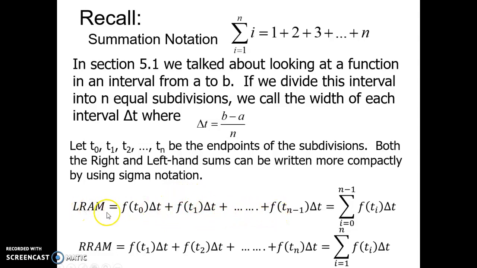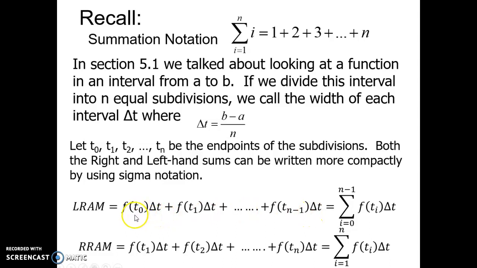And because we were taking the LRAM, remember, where the left corner of the rectangle was touching the curve, the left corner of the last rectangle would hit at f of t sub n minus 1. In other words, not the very end at b, the end of the interval, but one less than that. And I'll show you that on a diagram in just a second.